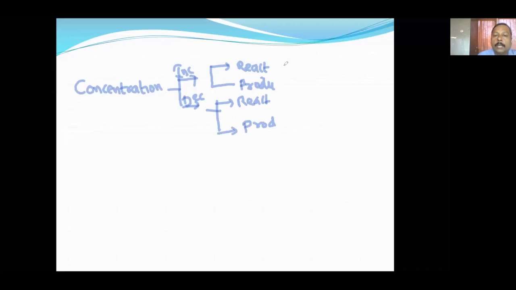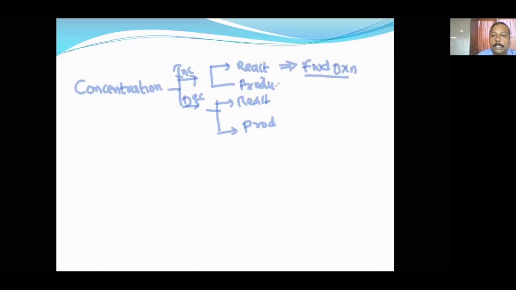So how is the equilibrium able to manage that? If the concentration of reactant is increased, then equilibrium will shift in the forward direction.